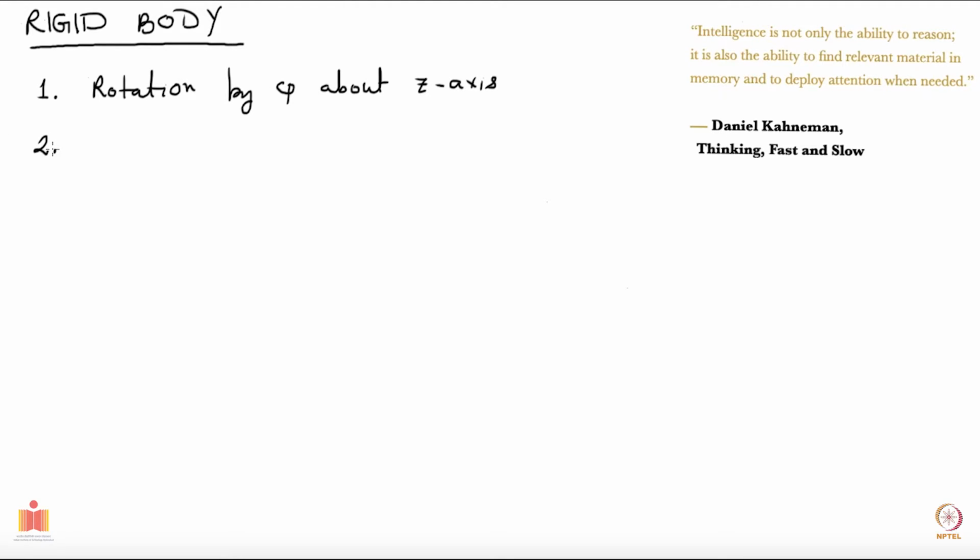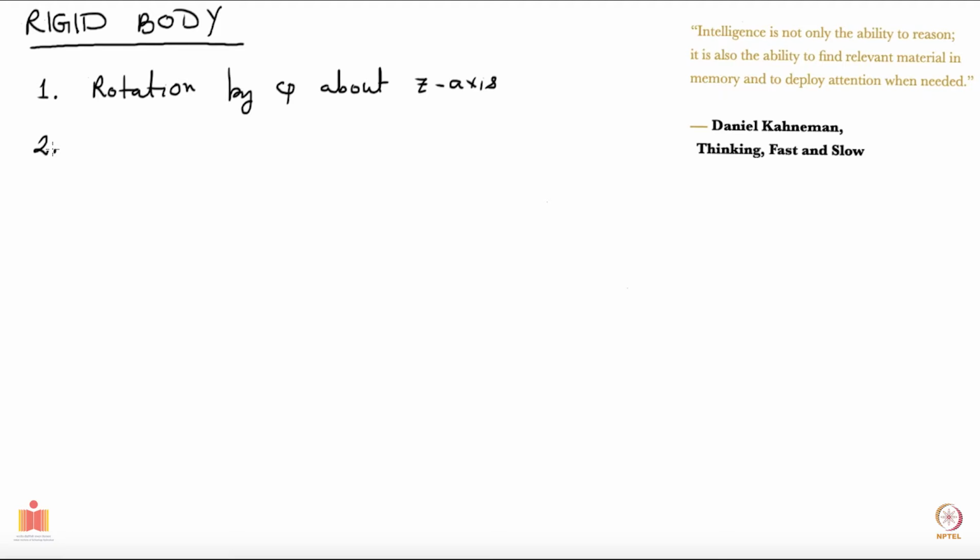Okay, and then what we did, and just to remind you, this phi rotation takes your x-axis to the line of node. Okay, that is what characterizes phi. How do you choose phi? You choose phi that much, which will take you to the line of node.